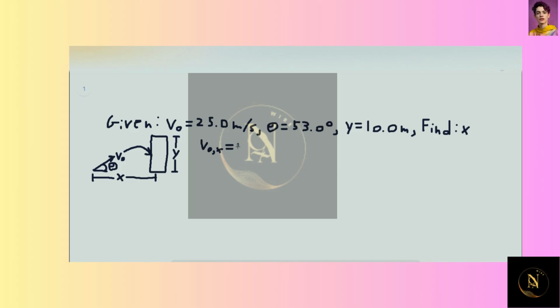It's just going to be v0 times cosine of theta because it's in the x direction. Okay, so I plug in v0 and theta, and I'm going to get the initial velocity in the x direction. So I'll get 15 meters per second.